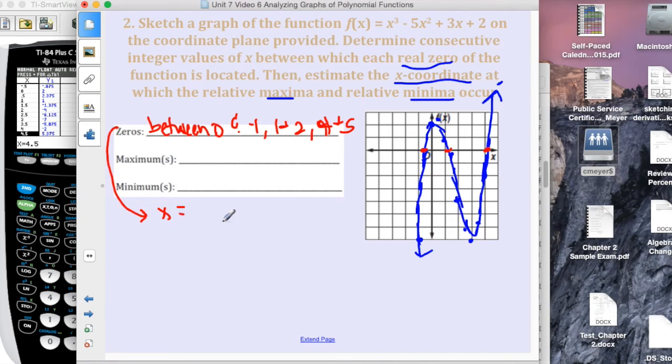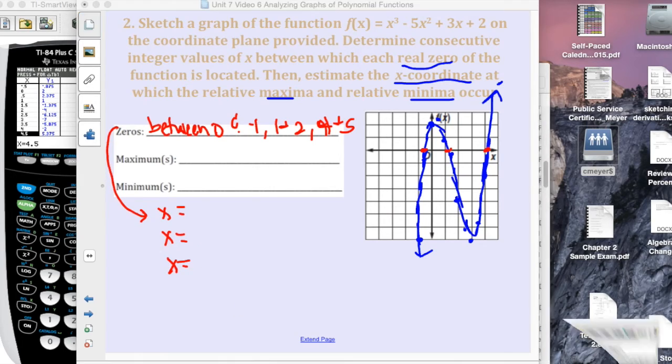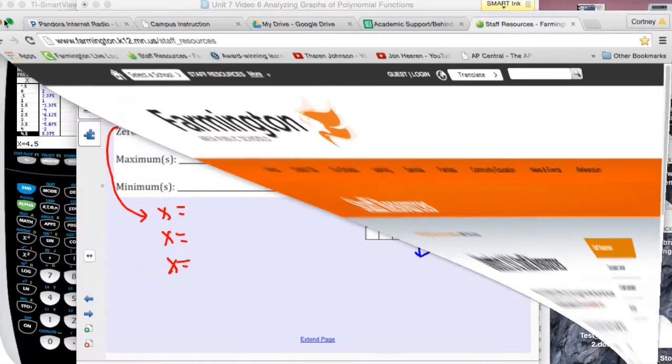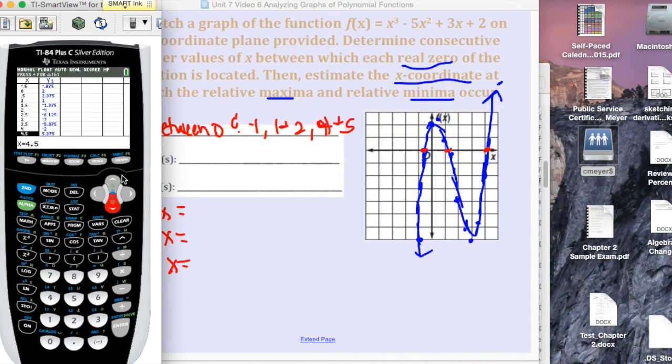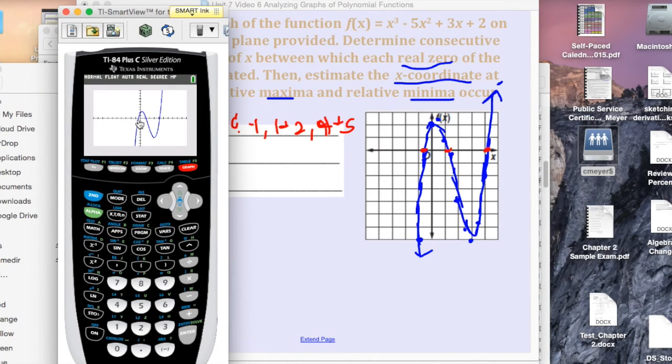So I want to figure out what x equals for all of them. So I go ahead and pull up my calculator and I'm going to go to the graph of it. So hit graph. And I want to find the zeros. There's one right here, and right here. So in order to find that, you go second, calc. Okay, we want to find the 0, which is number 2.